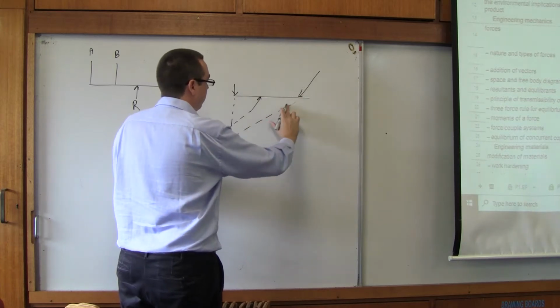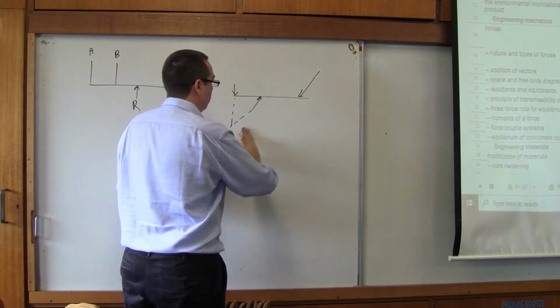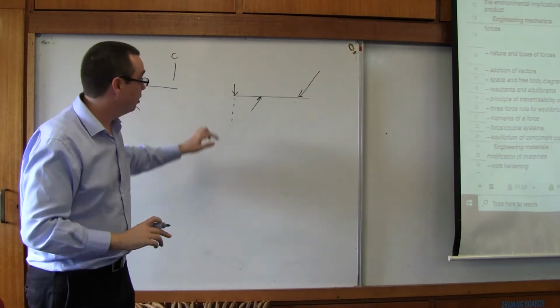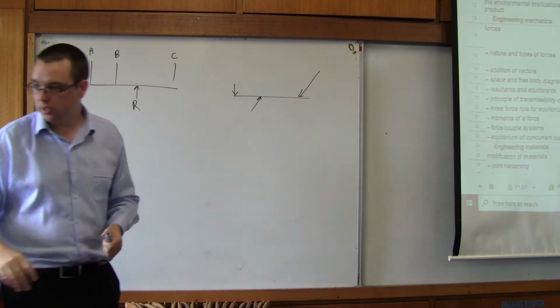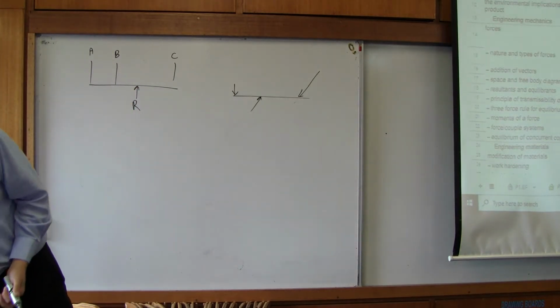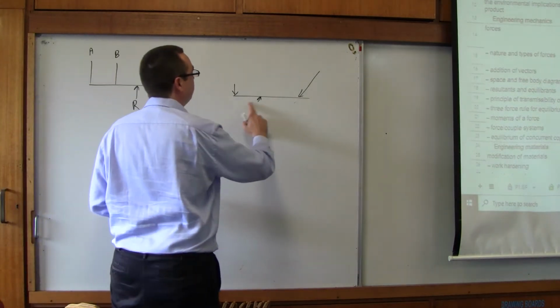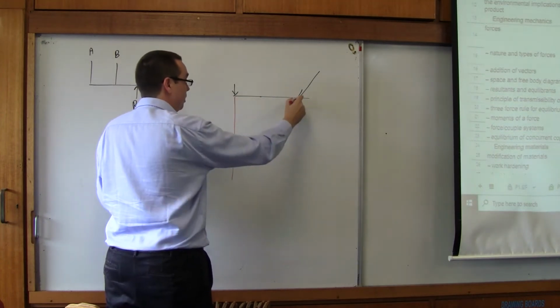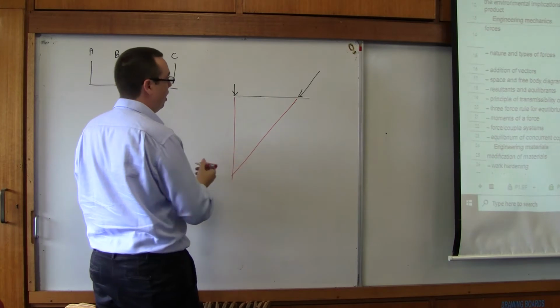I'm not drawing a great line here. So typically what we like to do is show these in red. So let's say I don't know this particular angle. Right, this is the three-force rule. What I would do is find where these three meet, that looks pretty good, I'm happy with that.